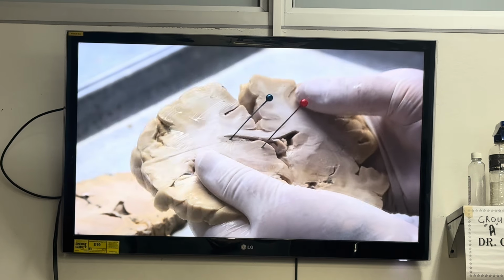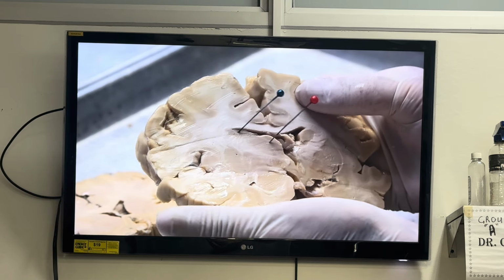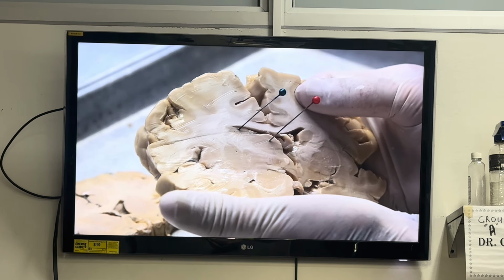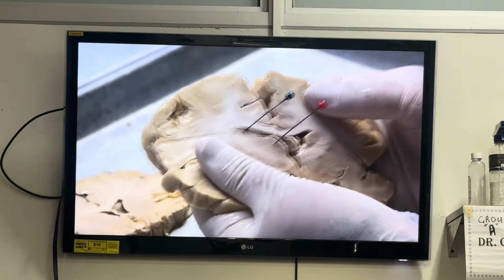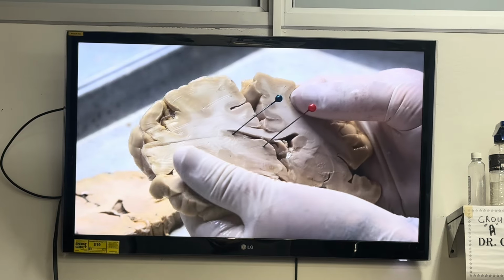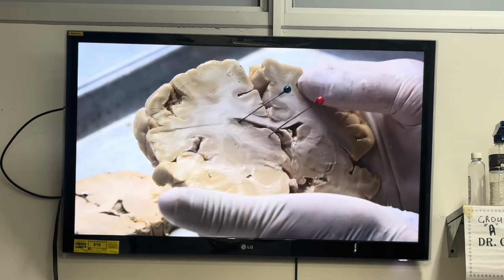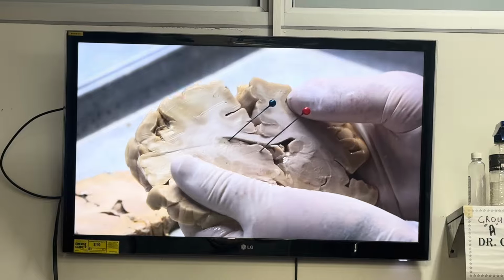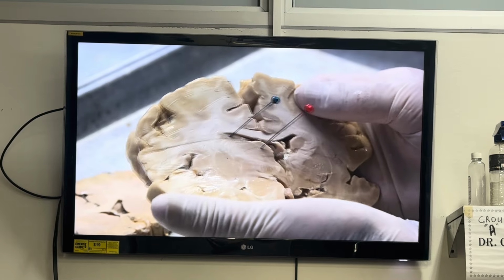You have to remember that when the thalamus is appearing, you will have the body and not the head of the caudate. It's important for the spotter.